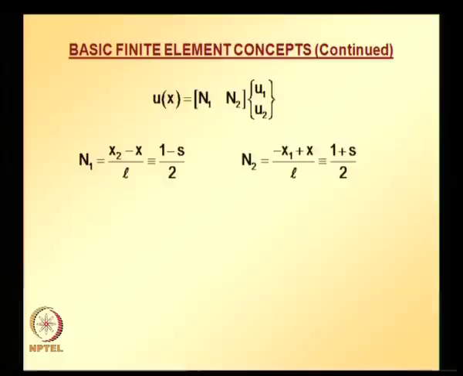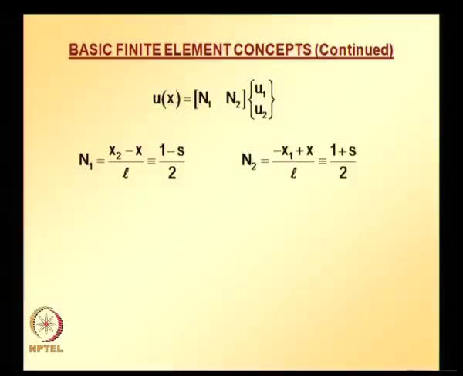Now, we want to replace this x coordinate system with the s coordinate system, where s goes from minus 1 to 1, and we already have an understanding that x2 corresponds to s is equal to 1, and in the s coordinate system x corresponds to s. So, N1 can be rewritten in this manner, x2 you replace with 1, x you replace with s, and length of this element, since it is going from minus 1 to 1 in the s coordinate system, is equal to 2.